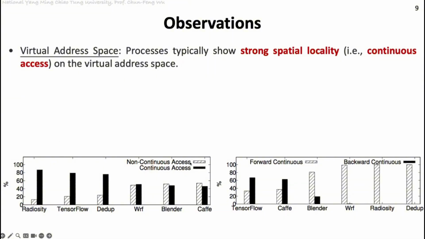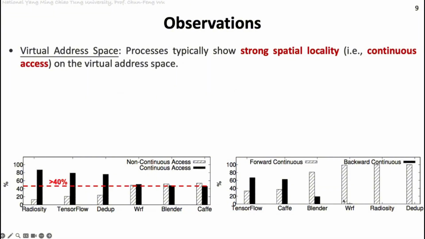The left-hand side shows two different memory accesses, non-continuous access and continuous access, collected from the point of view of the virtual address space. More than 40% of the memory accesses are continuous. Only a few of them are close to 40, but Radiosity, TensorFlow, or Dedup, those file-based applications, usually show more than 40%. Some of them can be 80%. So there is some locality on the virtual address space.